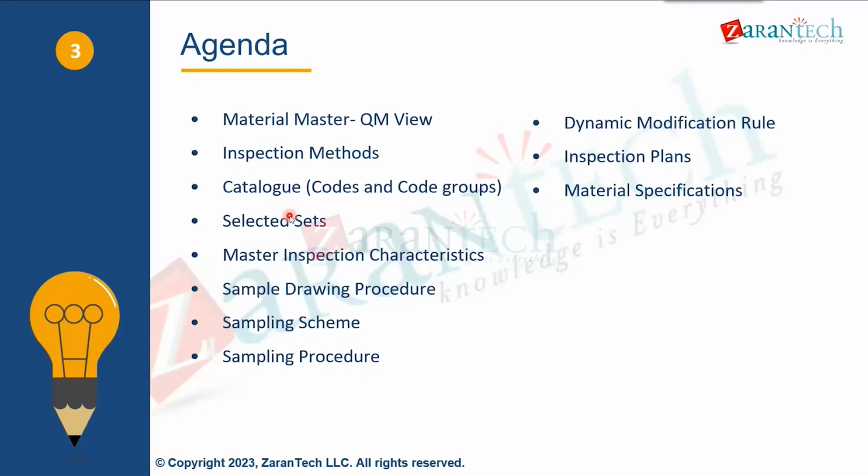Okay. So what is the difference between code groups and selected sets? One important point to remember: code group is at client level and selected set at plant level.